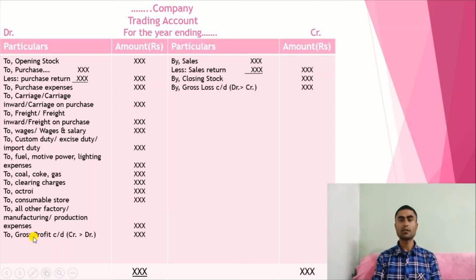But if there is more amount of expenses on the debit side, then there is gross loss and it is written in the credit side. After this, debit side should be equal with credit side after adjusting the gross profit or gross loss. This is the complete format of trading account.